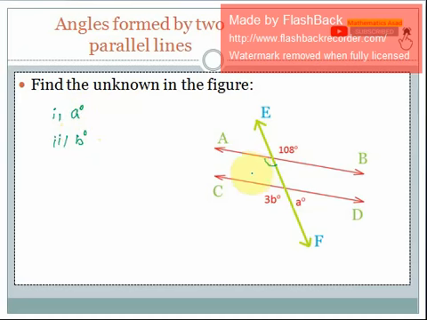So try it, pause the video and do it yourself, and I will do it for your convenience to check in the next slide. When you complete it, check it and give yourself 10 out of 10 marks if you are correct.